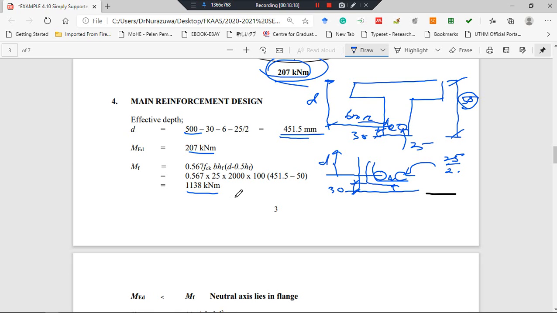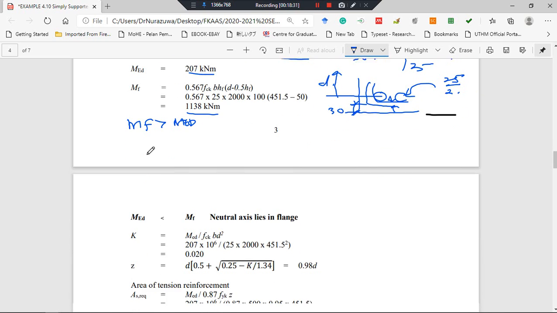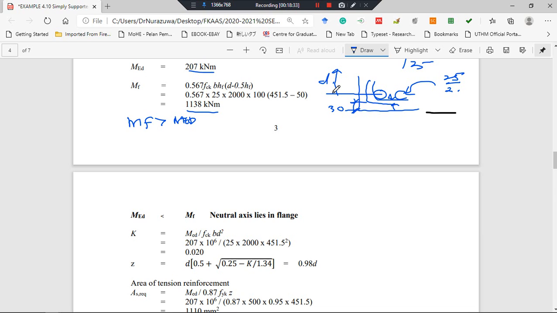1138 kilonewton meter. Okay, then we get that the moment at flange is more than the moment MED. So the neutral axis lies in the flange.